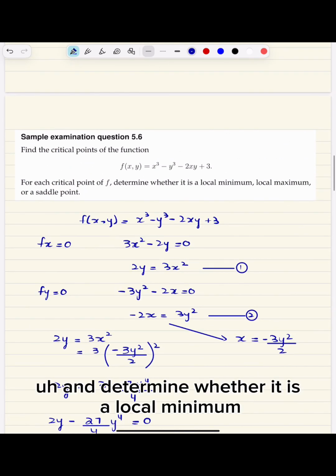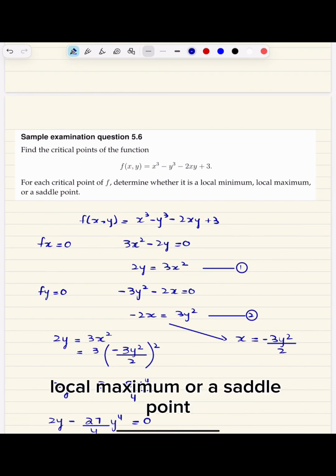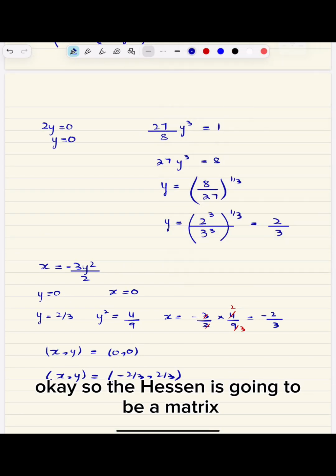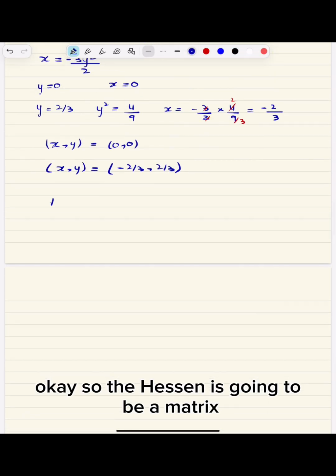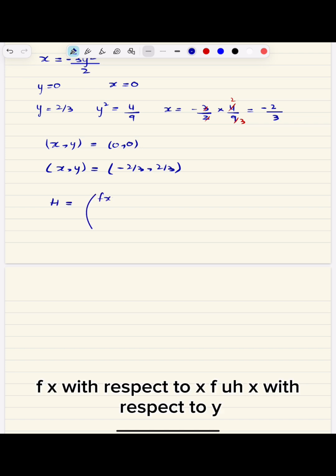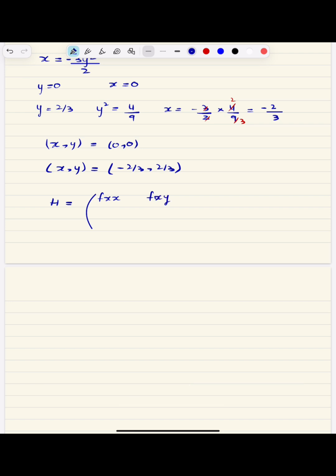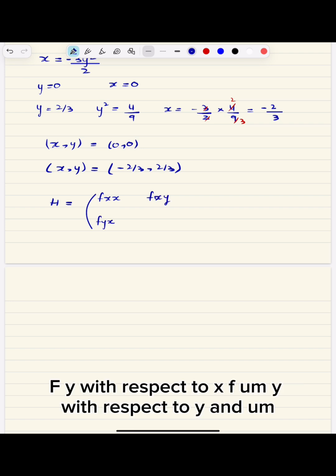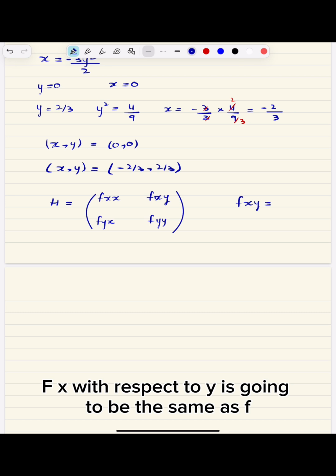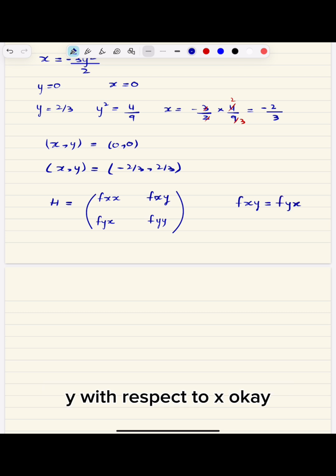And determine whether it is a local minimum, local maximum, or a saddle point. For that, we do need the Hessian. The Hessian is going to be a matrix: f with respect to x x, x with respect to y, fy with respect to x, y with respect to y. And because the Hessian is a symmetric matrix, fx with respect to y is going to be the same as fy with respect to x.